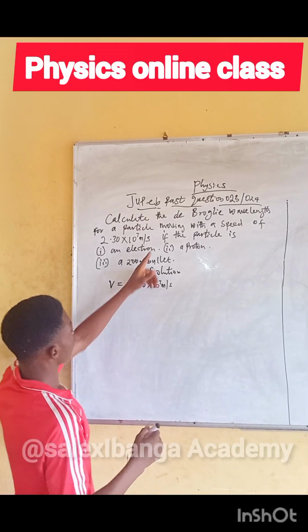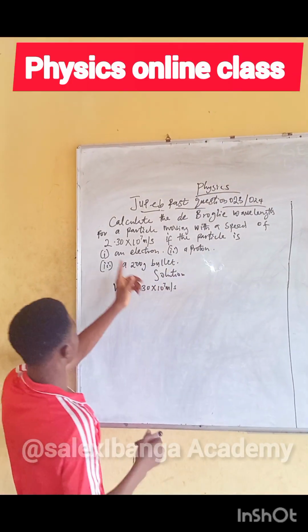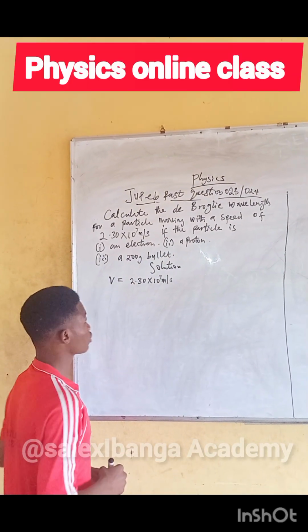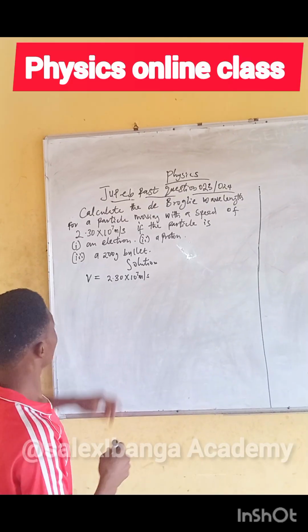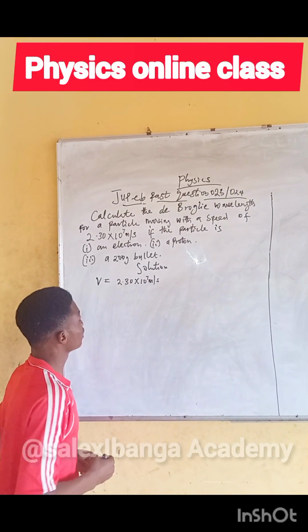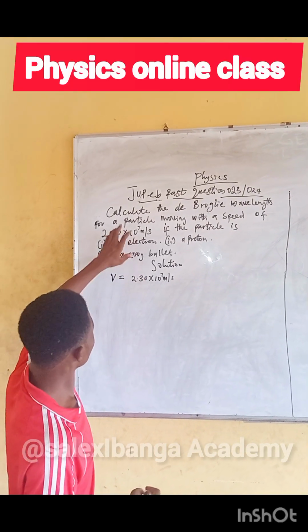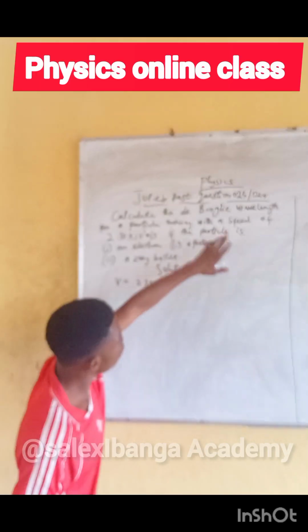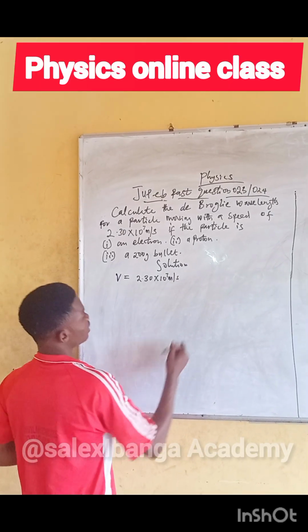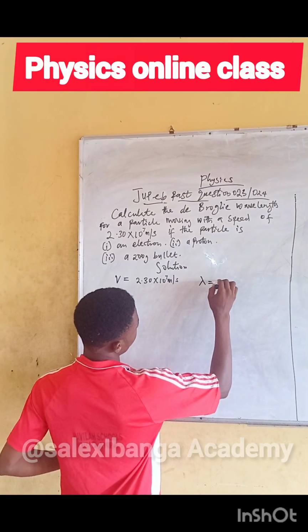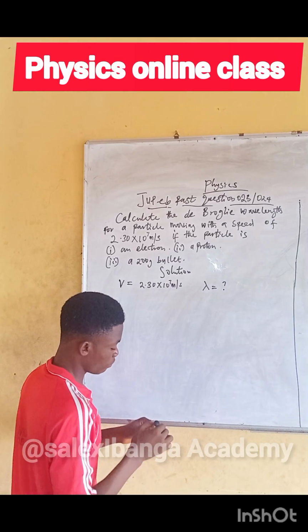Now the next one, if the particle is an electron, that means what the question is trying to tell us is that the question says calculate the de Broglie wavelength. The de Broglie wavelength, that is lambda. Lambda is unknown. We have to calculate that now.